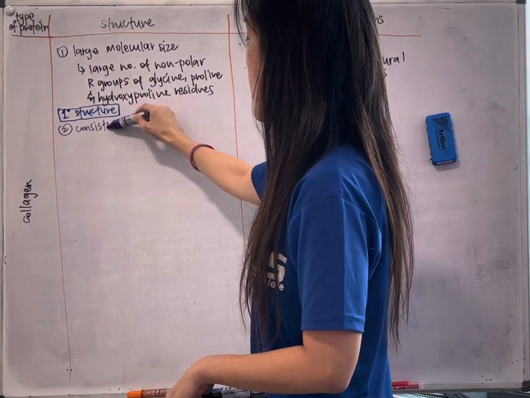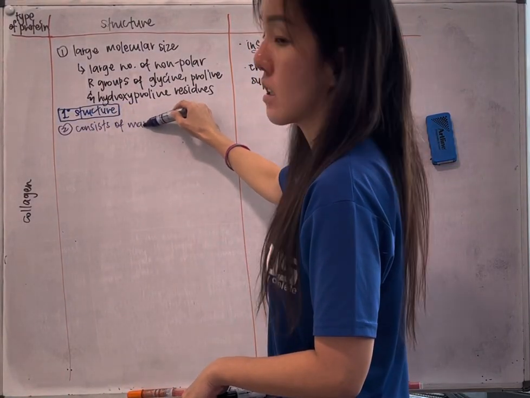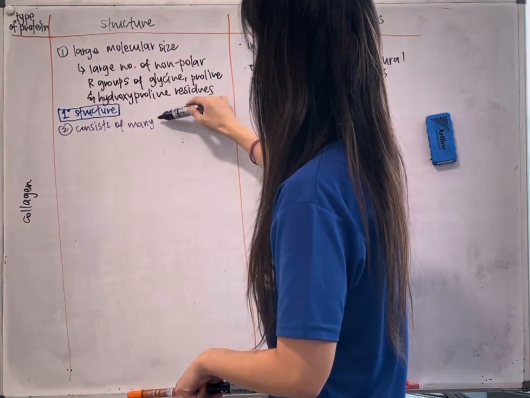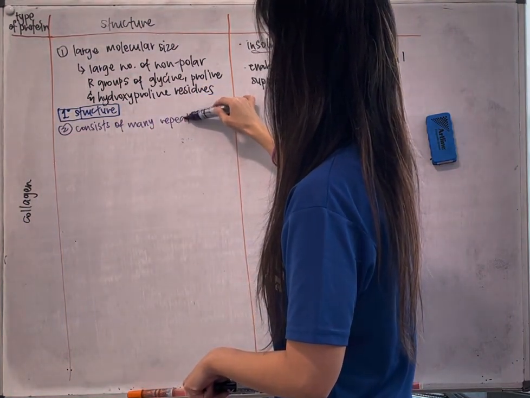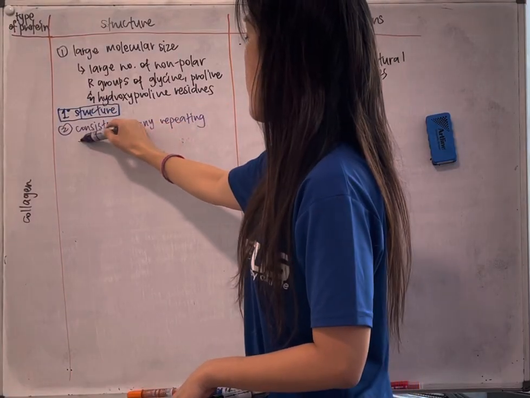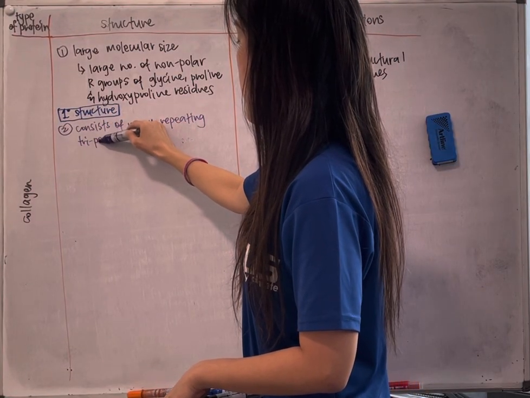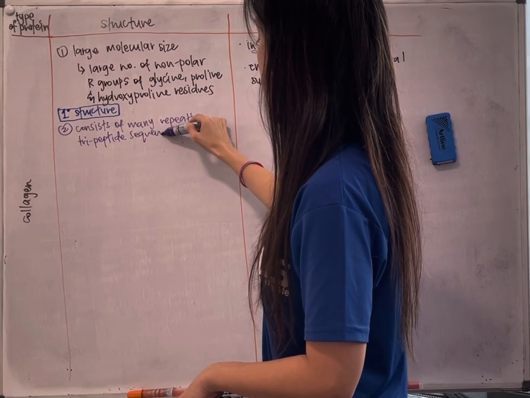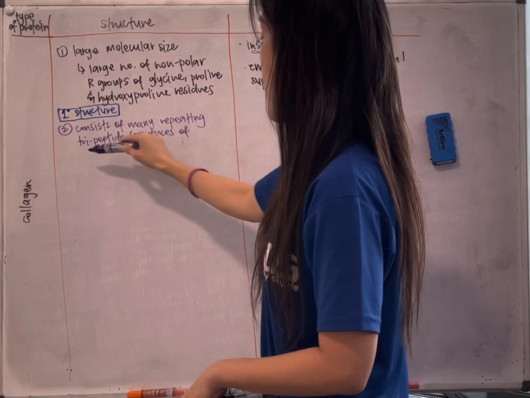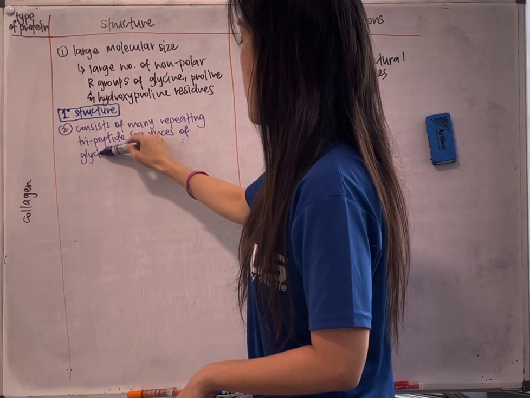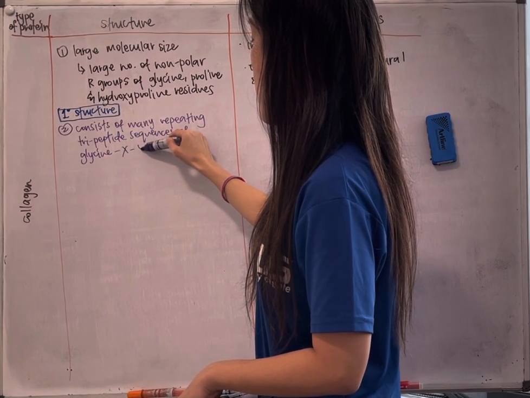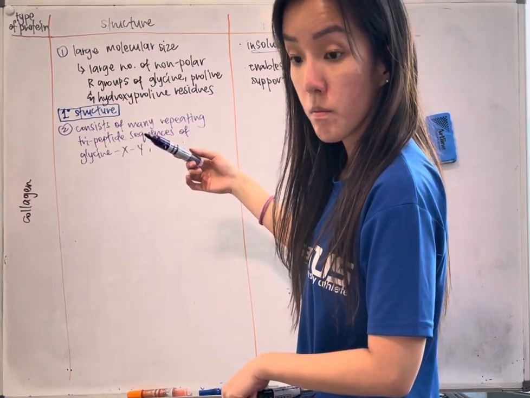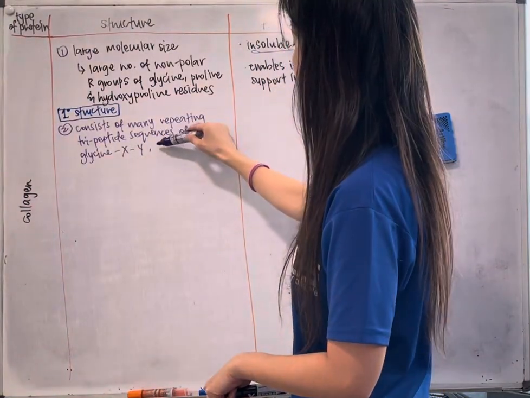It consists of many repeating tripeptide sequences of glycine-X-Y. Please take note, X is usually proline, Y is usually hydroxyproline.